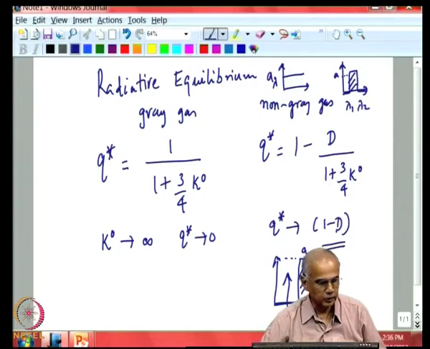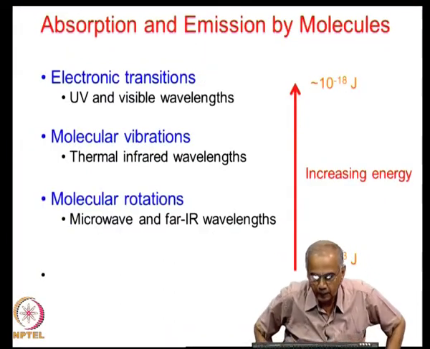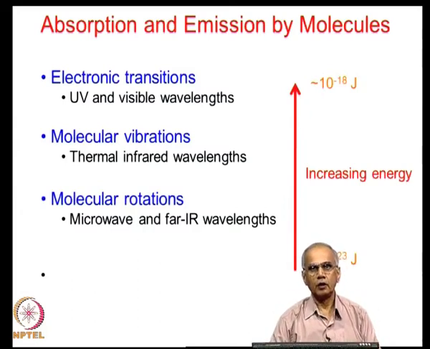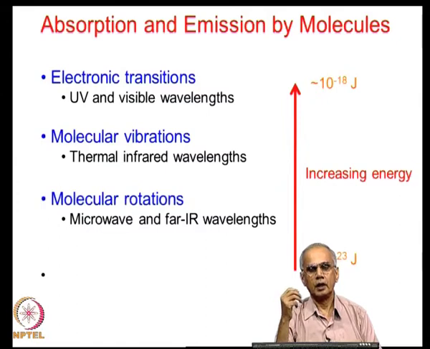So, now let us go next to understand the radiative properties of real gases. Now, all of you know that molecules absorb and emit photons, and the absorption of a photon may result in a change in the state of the vibration of the molecule.